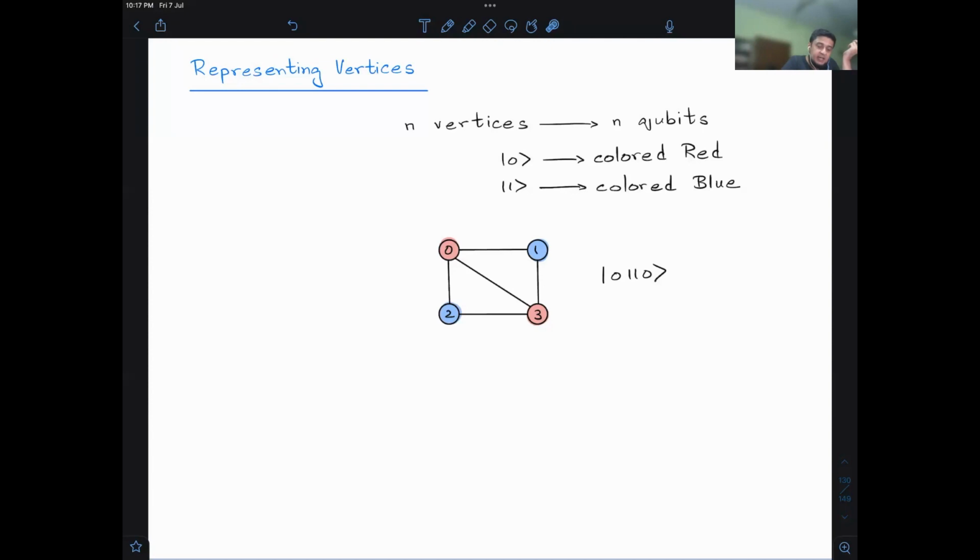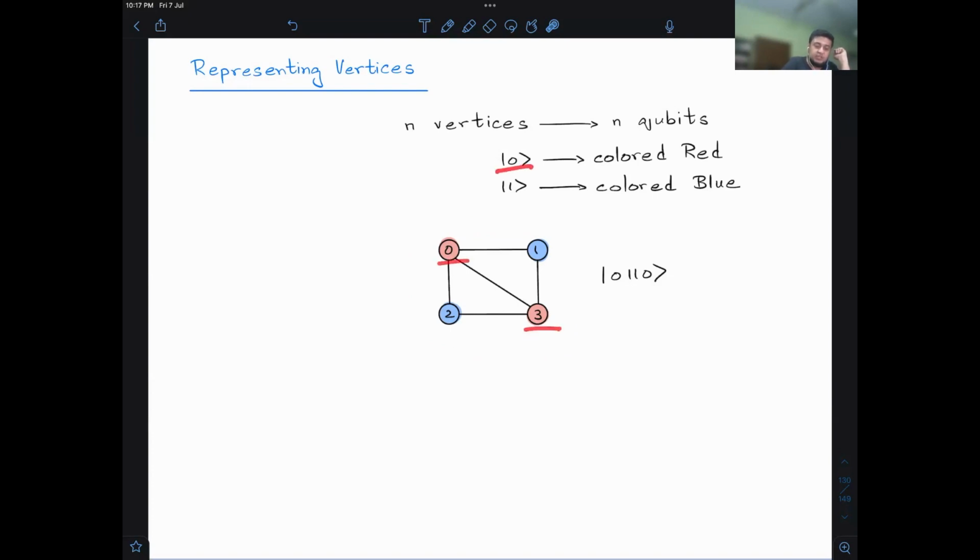If the state of a vertex is 0, then that means it's colored red. If the state for that vertex is 1, then we think of it as being colored blue, essentially identifying the 2 different partitions to which it might belong. So for example, if you've got this size 4 graph with these 4 vertices, then you've got vertex 0 and vertex 3 colored red.